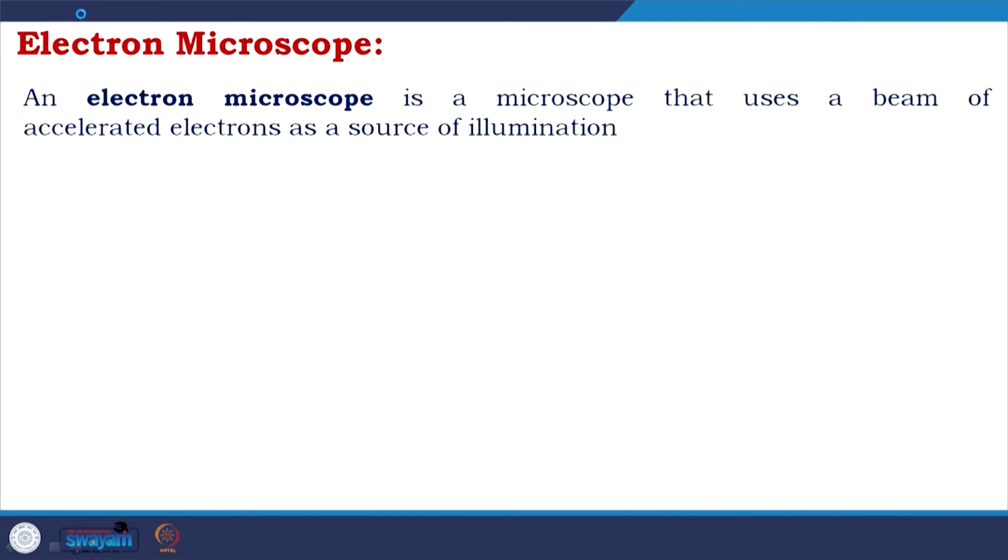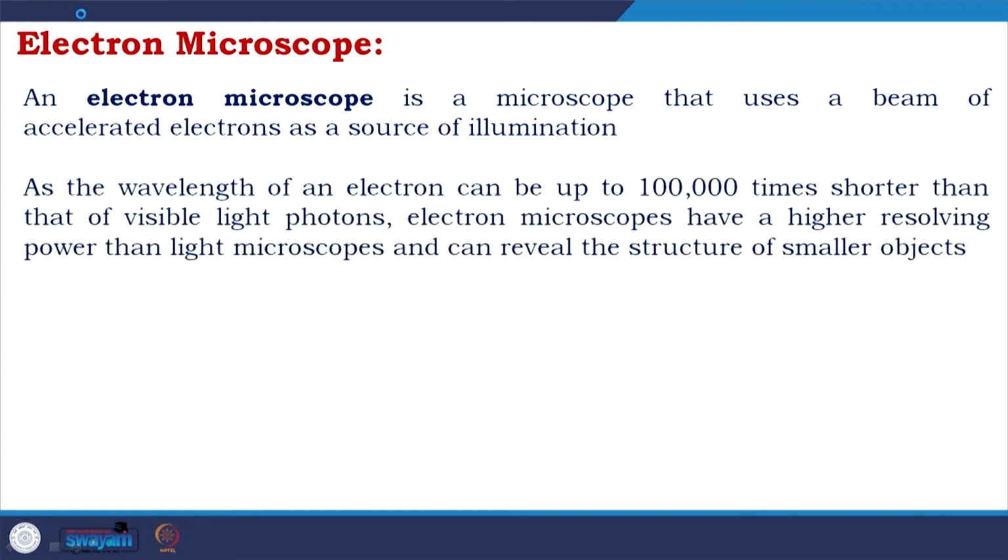Coming to the electron microscope now, an electron microscope is a microscope that uses a beam of accelerated electrons as a source of illumination instead of light or photons as in a light microscope.